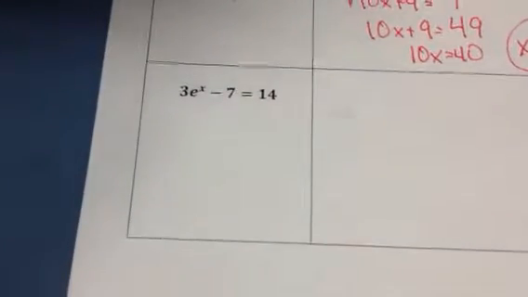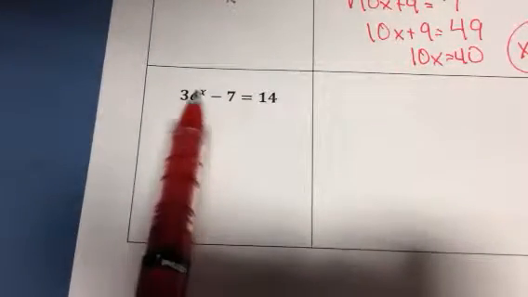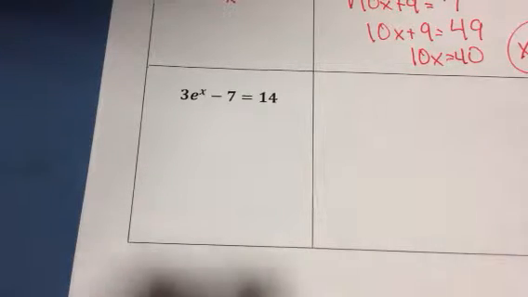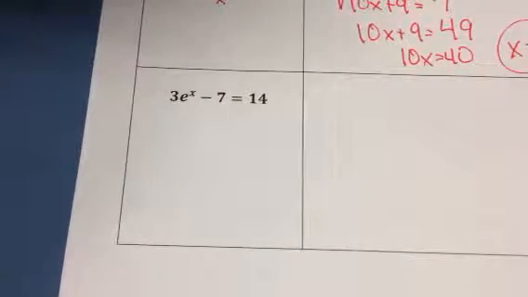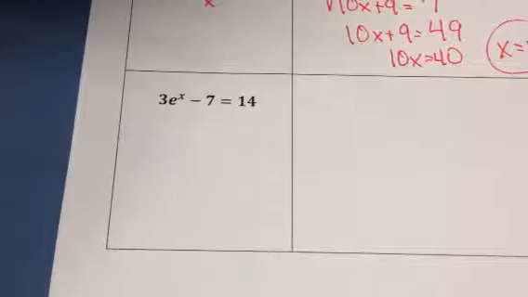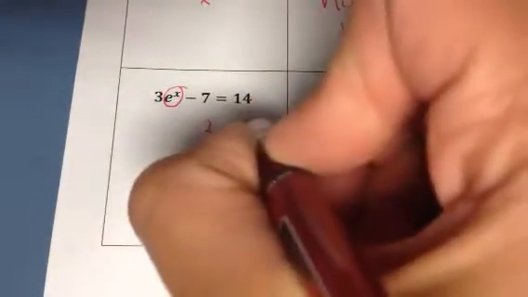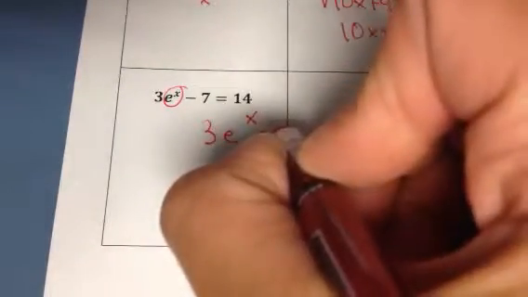And then the most recent type of problem, here x takes on a whole different look. It's now an exponent. So again, the idea is we still want to get x by itself. We want to isolate it, but this time we're going to isolate the base and the exponent because they're kind of stuck together. So what we did is we just added 7. Then we divided by 3.